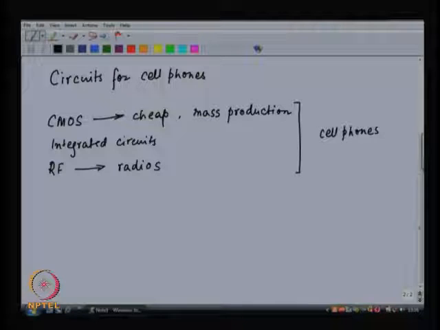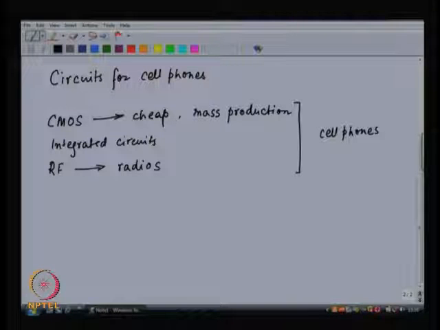So, they are highly integrated, they are cheap. Everyday cell phones are becoming cheaper and cheaper, and of course, there are extremely efficient radios inside cell phones. So, this course, in other words, is going to be about circuits for cell phones. So, yes, we are going to call it this fancy name, CMOS RF integrated circuits, but in other words, this course is going to be about circuits for cell phones.